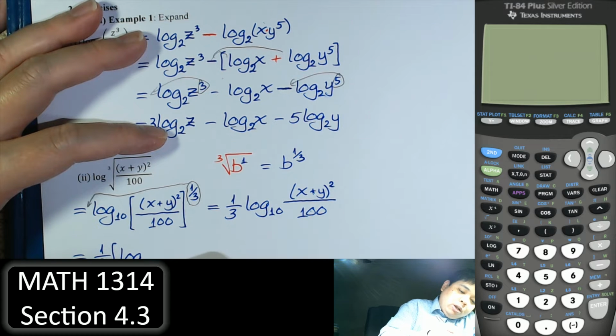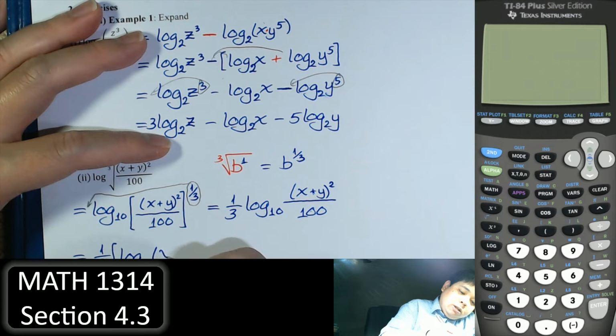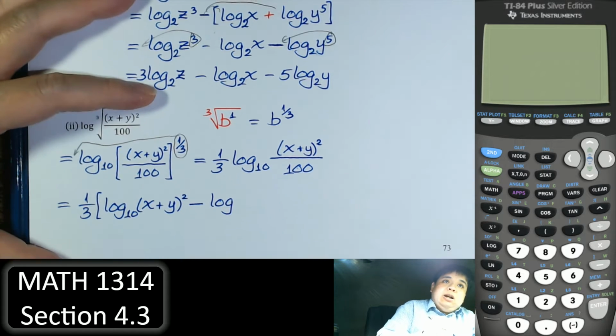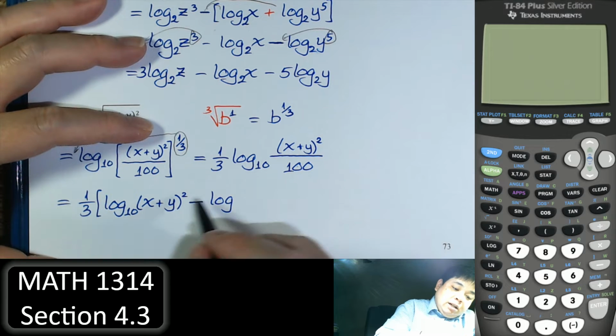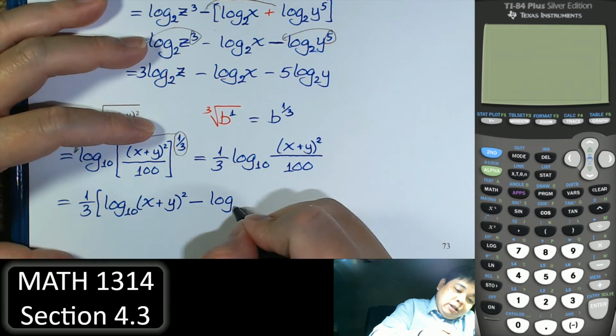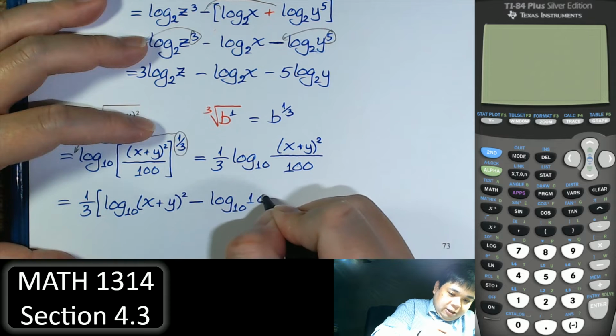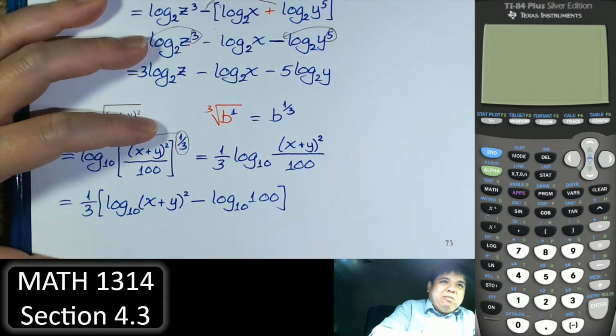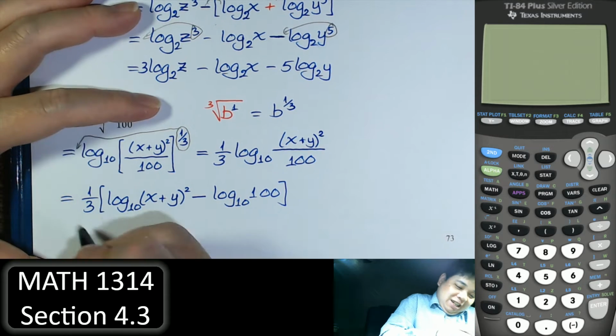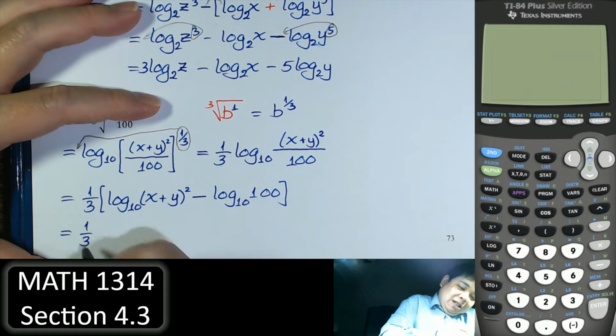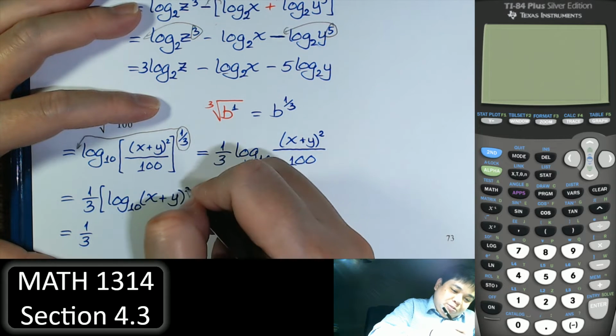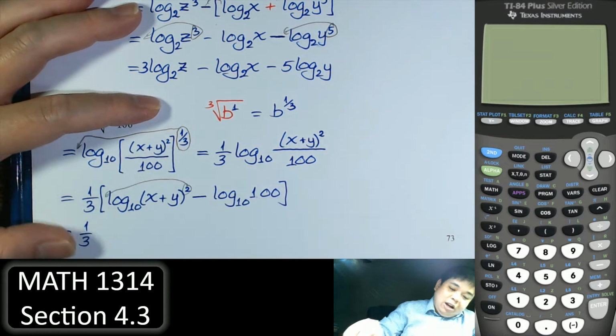So if we split, it will affect the whole thing. By the way, we don't need to write log base 10. And then we can take the 2 outside here.